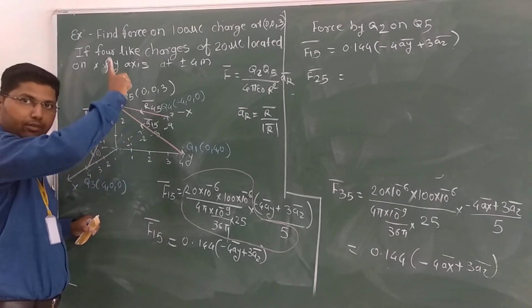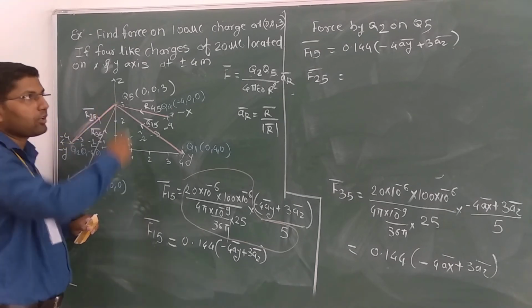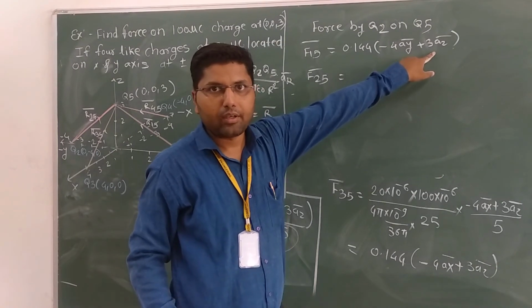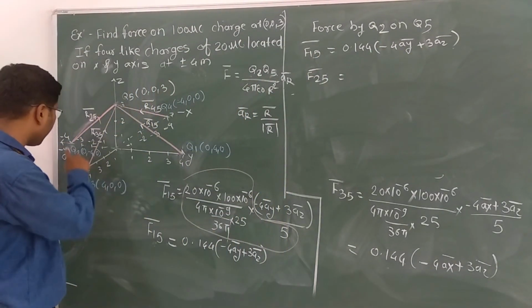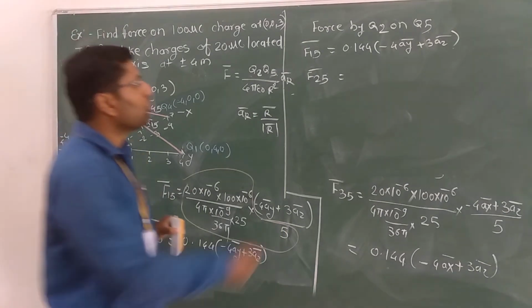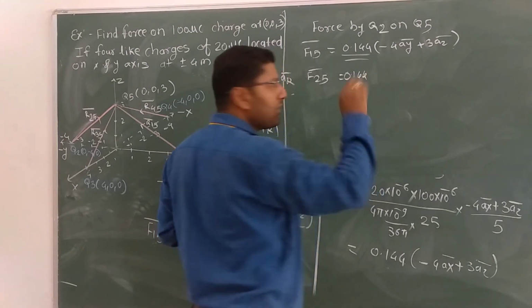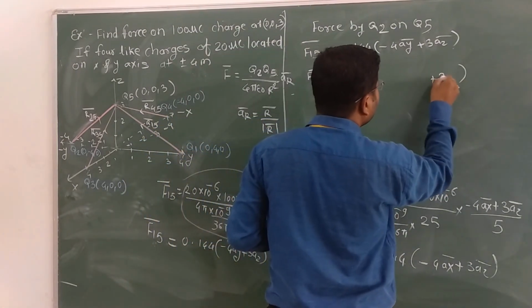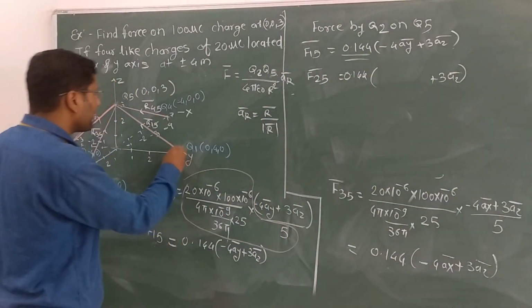Z is upward from here, and from here also Z is upward. What components do we have? Y and Z. So the Z component is constant, moving upward here also. So that constant I will write here again, 0.144. That will not change. And plus 3 az bar is also constant. Direction is not changing, it is upward.